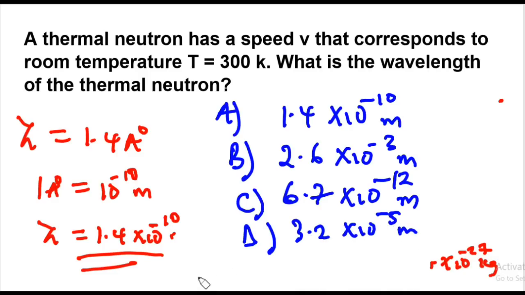You now see that the answer is A: the wavelength of the thermal neutron is 1.4 times 10 to the power minus 10 meter.